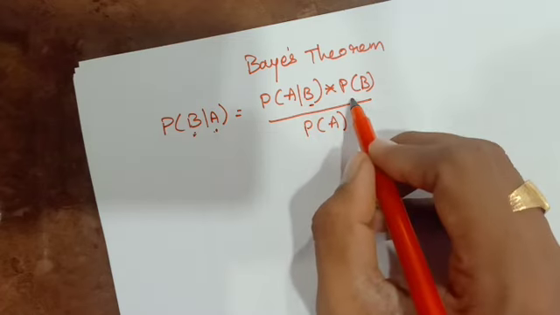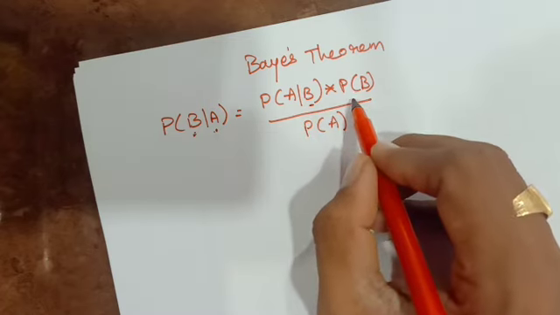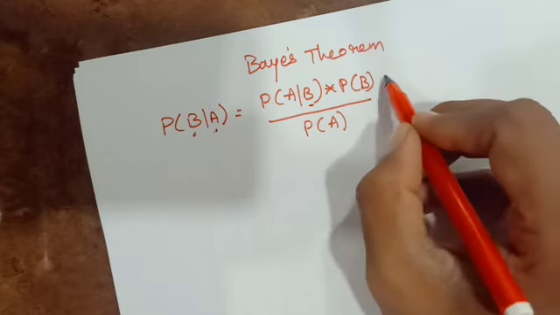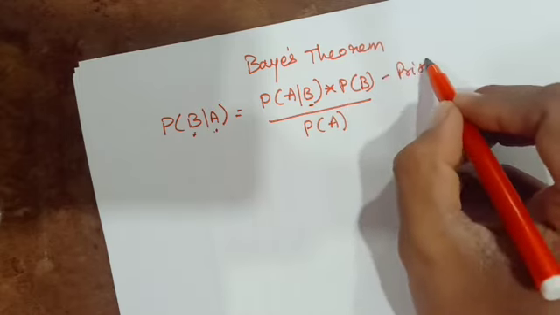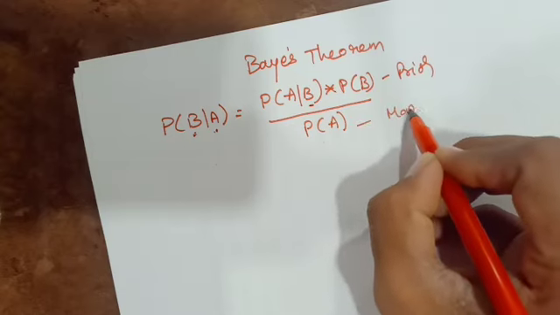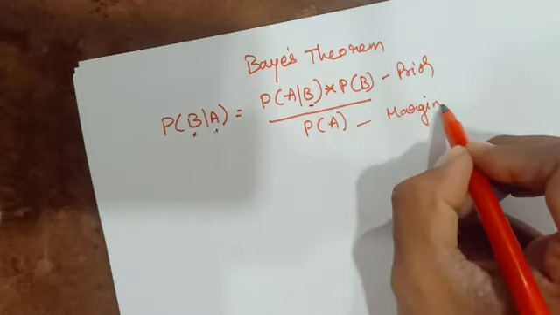So P(A) is considered the prior probability, and P(B) is the marginal probability.